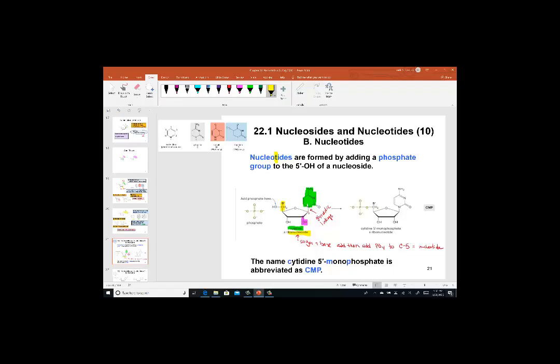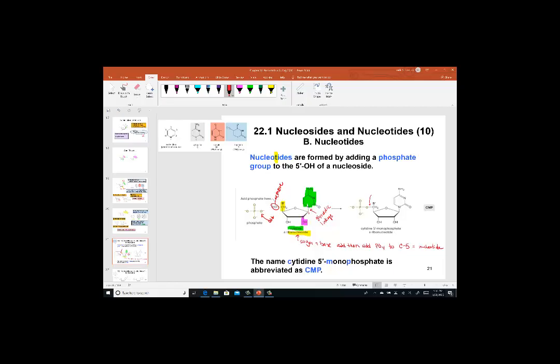You're going to remove the OH group and you're going to add the phosphate. Remove the OH and add a phosphate over there. So this cytidine, which was the nucleoside, gets a third component, and that's the phosphate, the third part of a nucleotide.